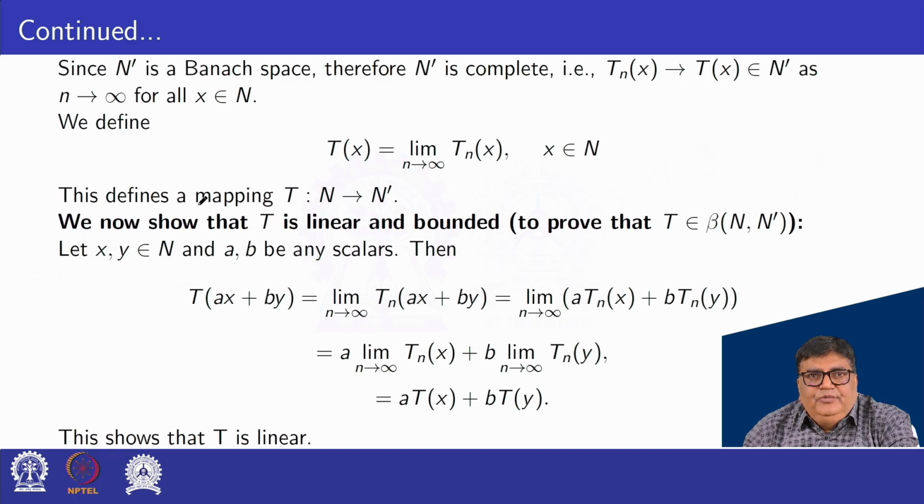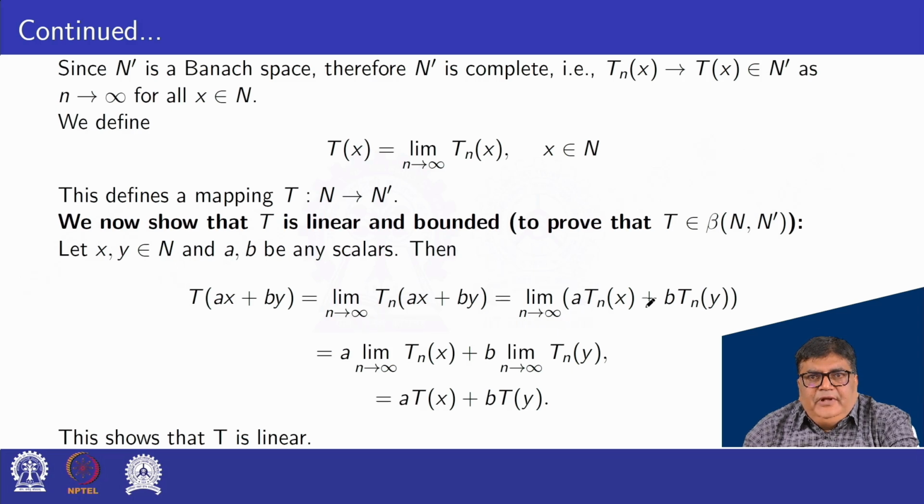It means we have to prove T is linear and bounded. Let x, y belong to N and a, b be any scalars. Then T(ax plus by) is equal to the limit as n tends to infinity of Tn(ax plus by). It can be written as the limit as n tends to infinity of a Tnx plus b Tny, because Tn is linear.